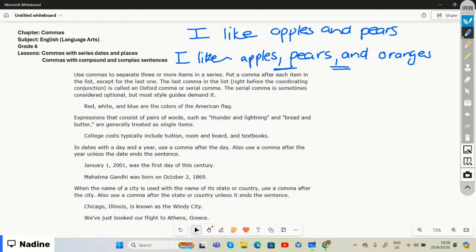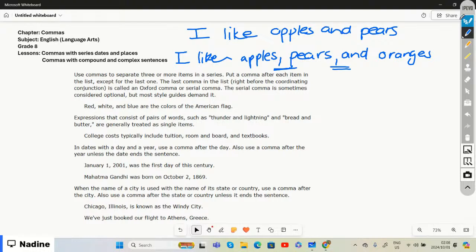All right. And once again, we need to put a comma after each item within the list, except for the last one.